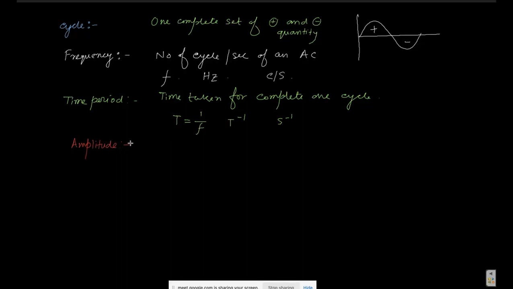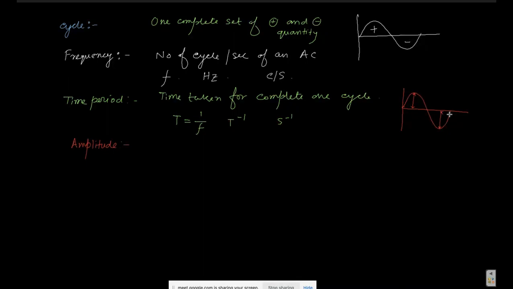Now, what is amplitude? If this is an alternating quantity, this is the maximum value.